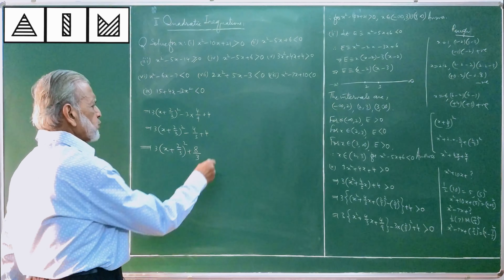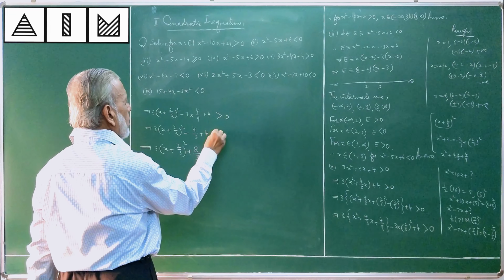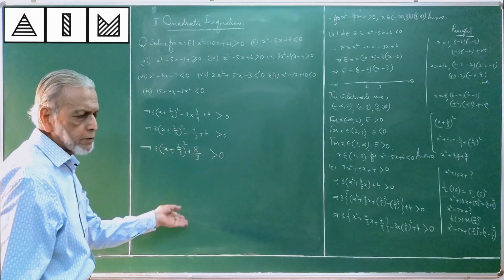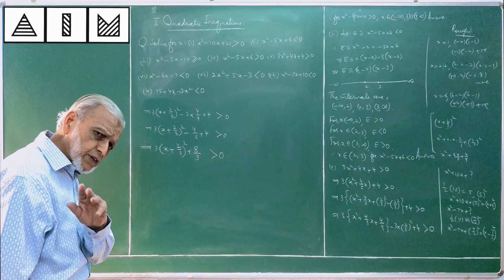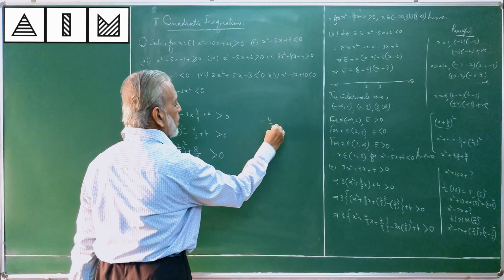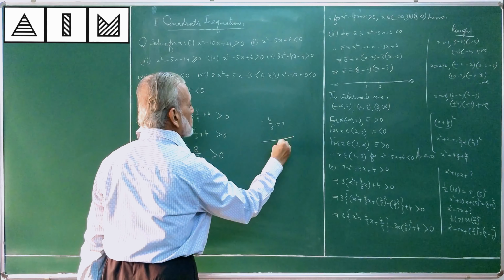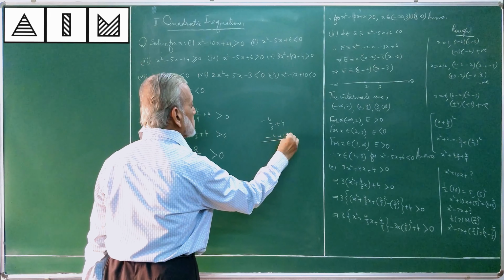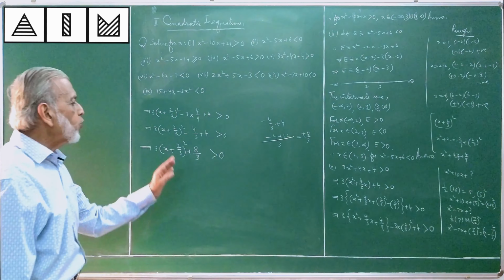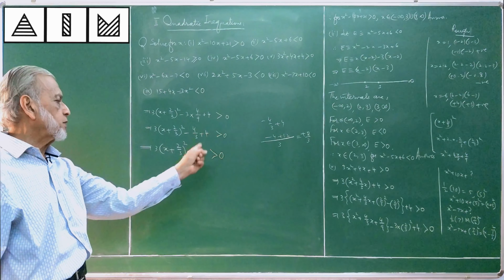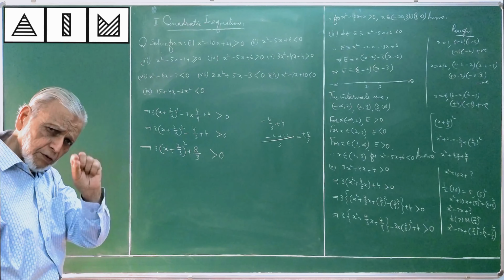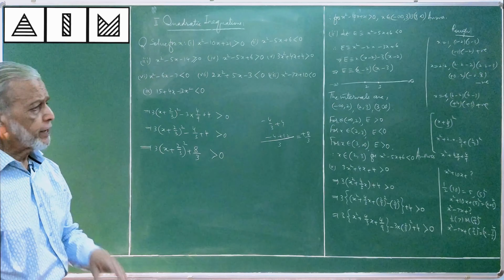Positive, you can write positive still, no problem. This part, generally students don't ask, but I explain always. Minus 4 by 3 plus 4. That's why removing minus 4 by 3 plus 4, I wrote plus 8 by 3. Even sometimes small things confuse. That's why I have made that also clear.